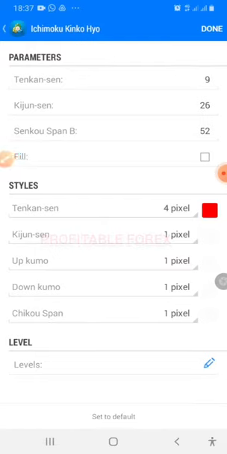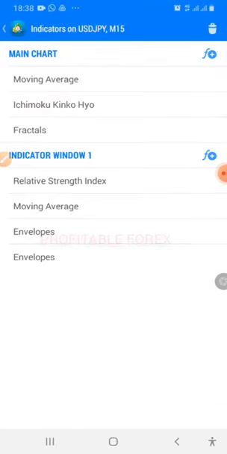So the styles: the Tenkan-sen is 4 pixel, the color is red, you can use any color of your choice. And we have the Kijun-sen 1 pixel, the Up Kumo 1 pixel, the Down Kumo 1 pixel, and the Chikou Span 1 pixel. And these other 4 should be your background color. Like me, my background color is white, so I made them white. If your background color is black, you make yours black, and then you click on done.